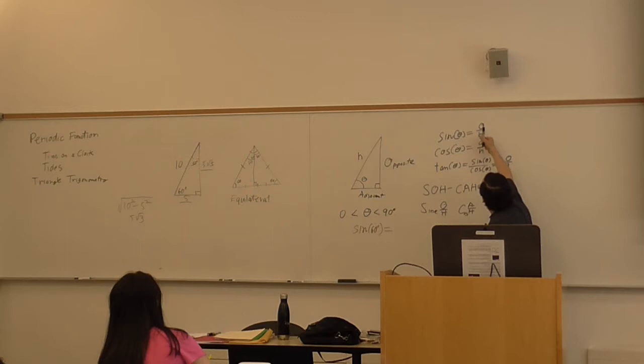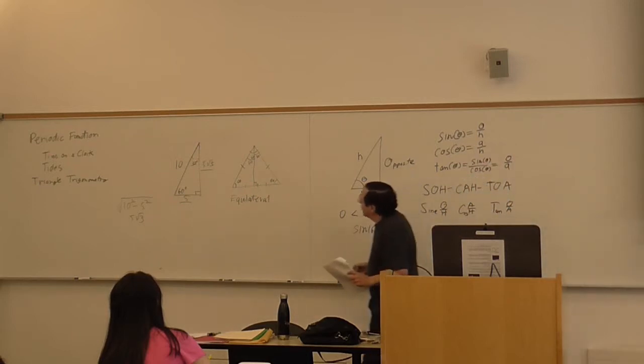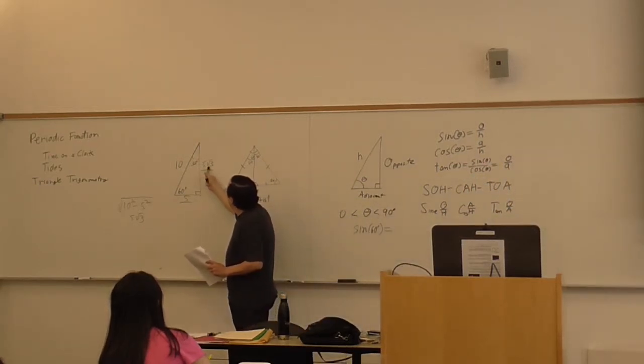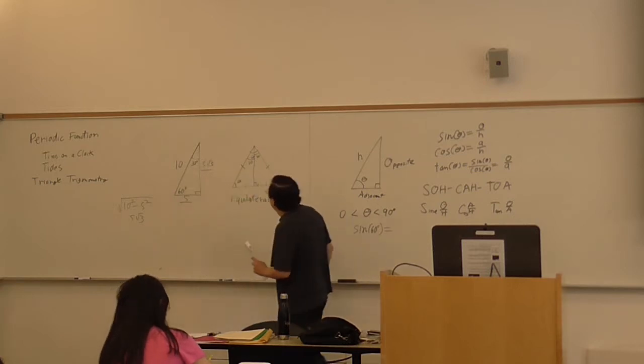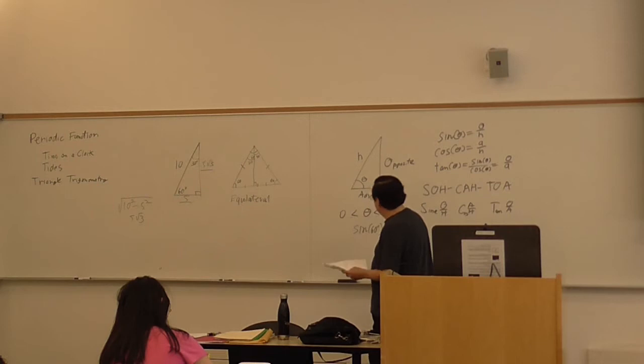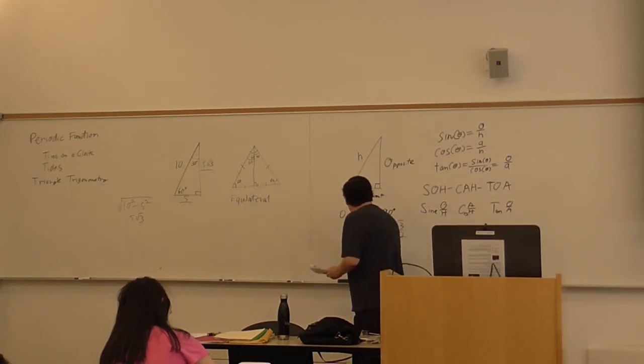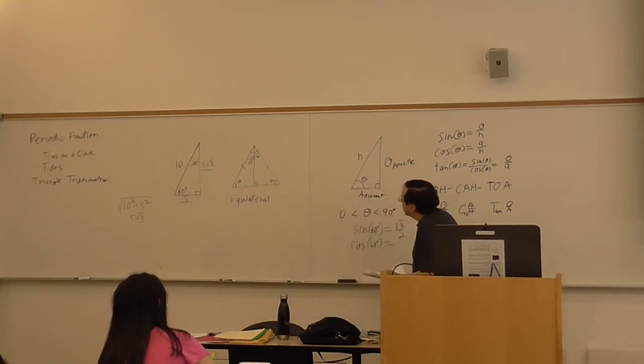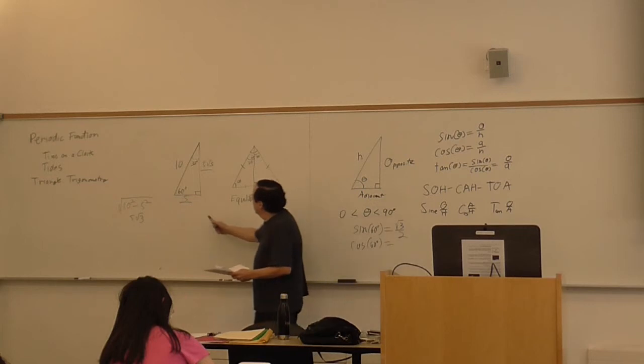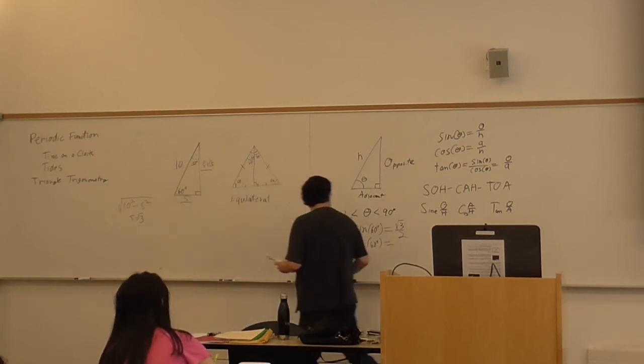Well, it's the opposite over the hypotenuse. 5 square root of 3 over 10 is what? Square root of 3 over 2. Cosine 60 degrees is going to be the adjacent over the hypotenuse. It's going to be 1/2.